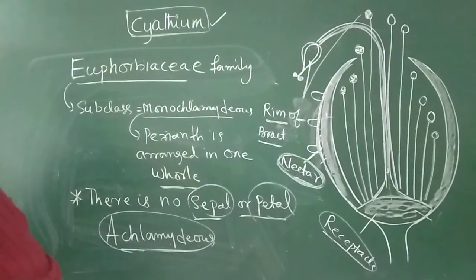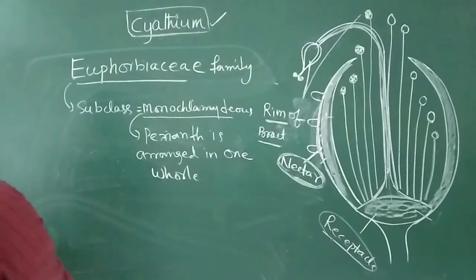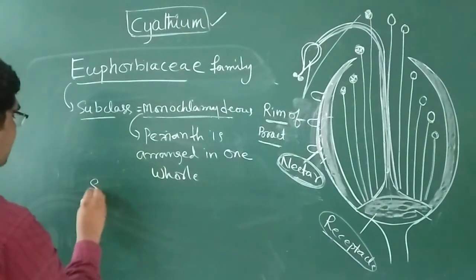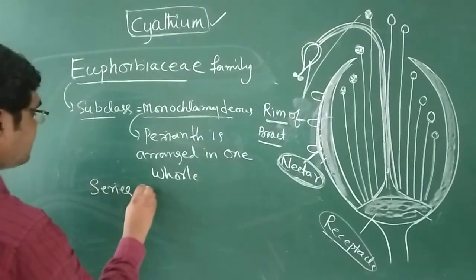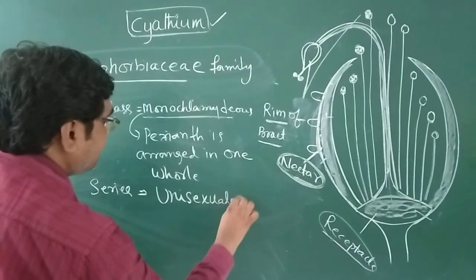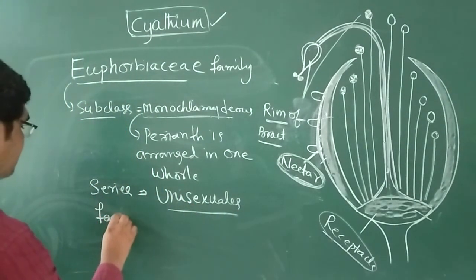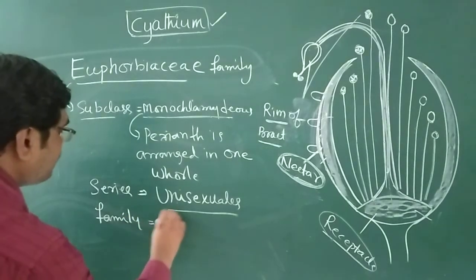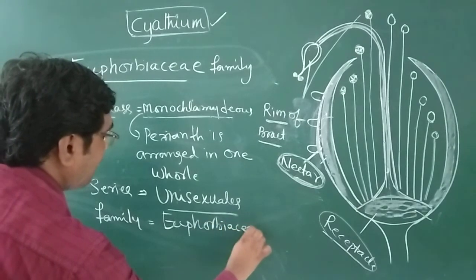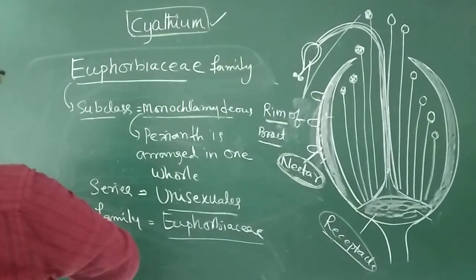Okay? Right. See, in the taxonomic position of the Euphorbiaceae family, the subclass is monochlamydeae and the series is unisexuales. This is the series of the Euphorbiaceae family. Next, the family is Euphorbiaceae. You will observe Cyathium inflorescence in the Euphorbiaceae family.